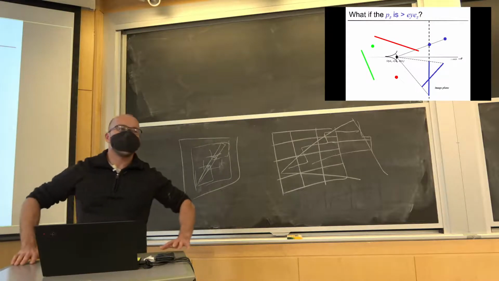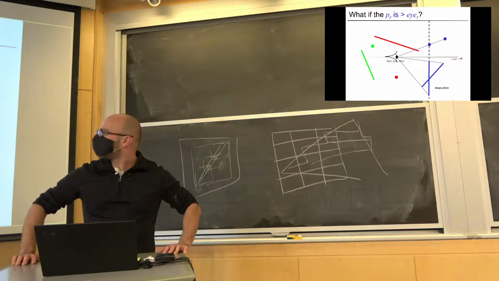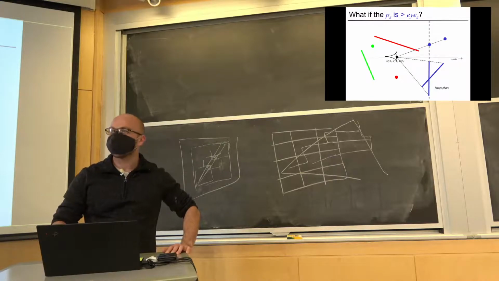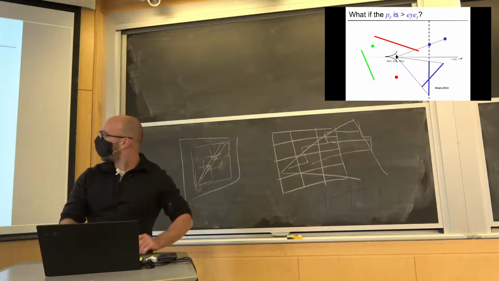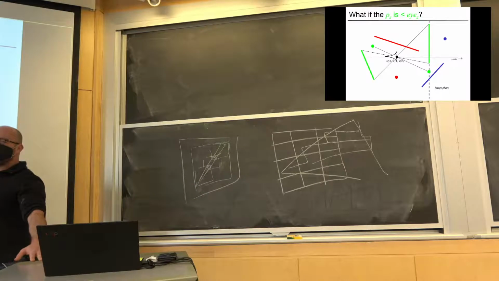So what goes wrong when I divide by my homogeneous coordinate? What about that green guy? Where does the green guy end up? Maria, you're making the right hand gesture. I know you know. In front of the eye. That's right. So when I divide by the homogeneous coordinate, it ends up over here.